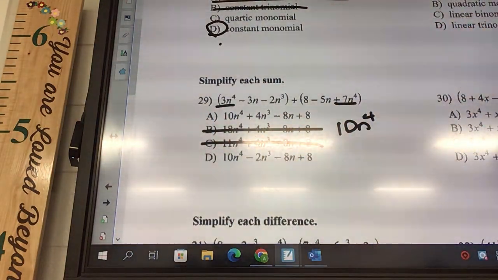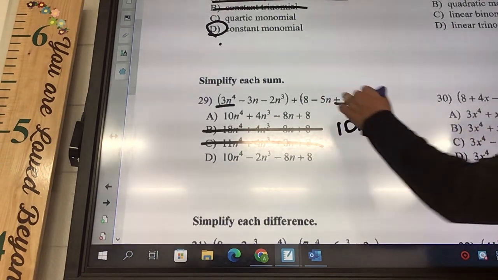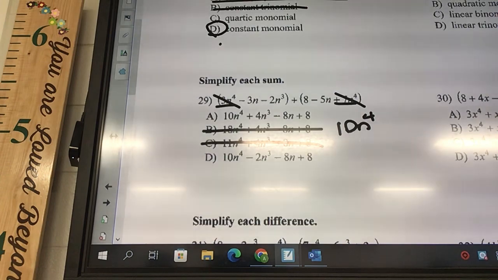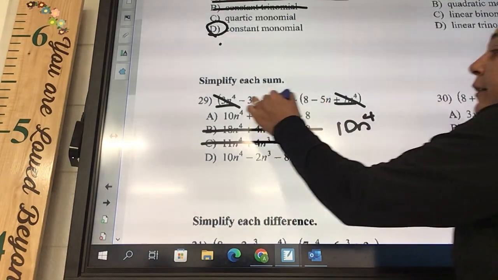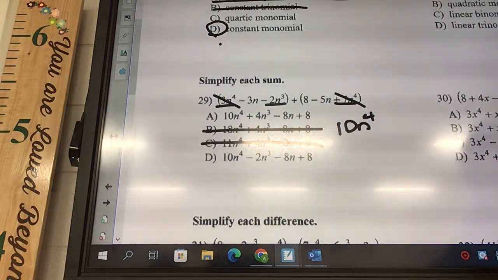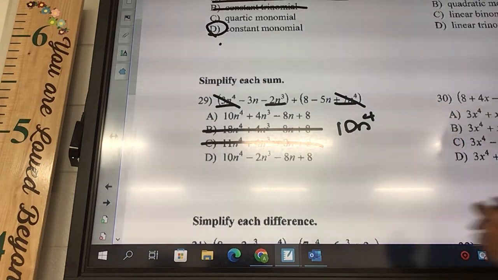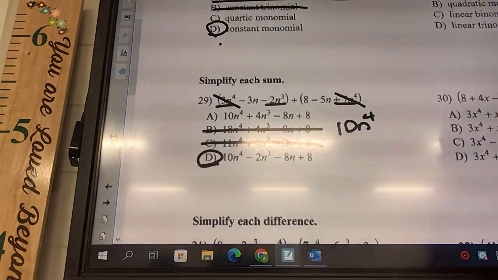And then what would you combine? What comes after 10 and 4? Yeah, the n3s. Who can he get combined with? Nobody. So which one has a negative 2 and 3? D. It's most certainly D.